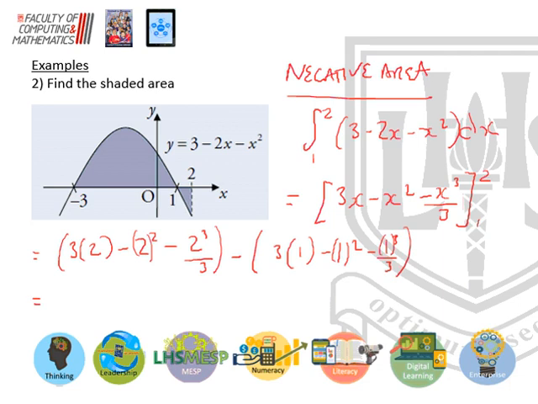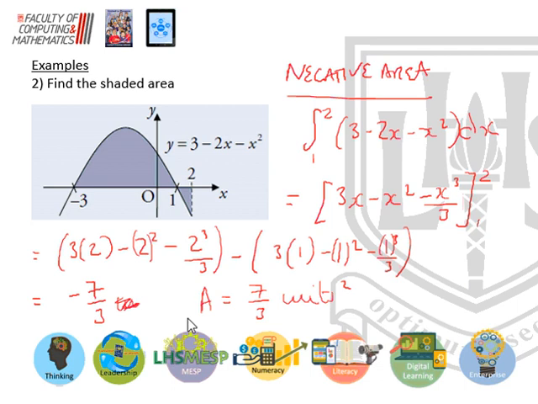Okay, again, I'm just going to run this through. Okay, and lo and behold, it gives us -7 over 3 units. Not units squared, it's -7 over 3, which in this context means the area there is going to be 7 over 3 units squared.